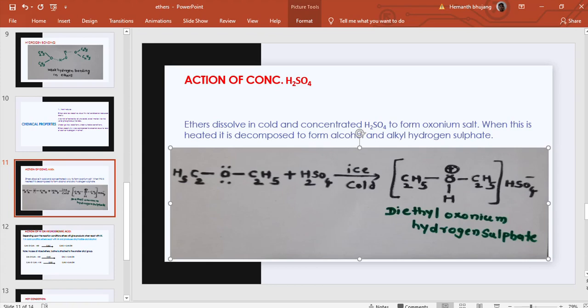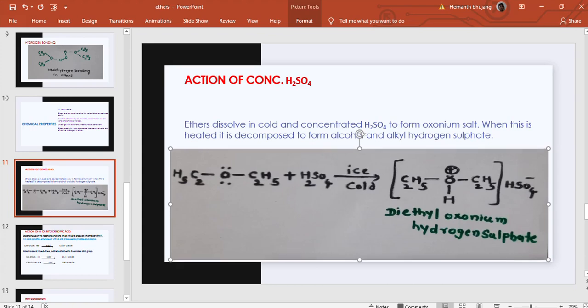So we have (C2H5)2OH+ HSO4-, the salt called diethyl oxonium hydrogen sulfate. When we heat this, it decomposes to form alcohol and alkyl hydrogen sulfate. This is the action of H2SO4.